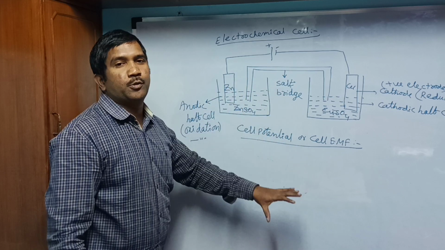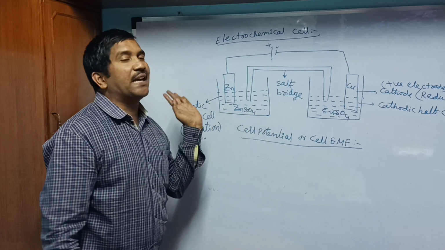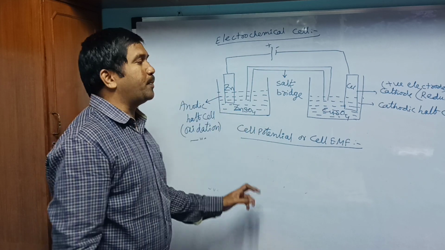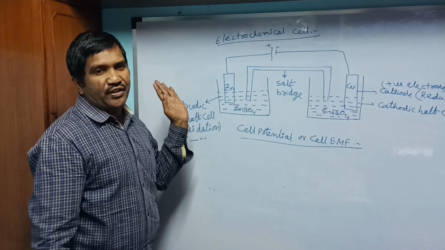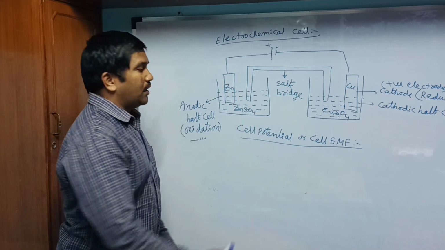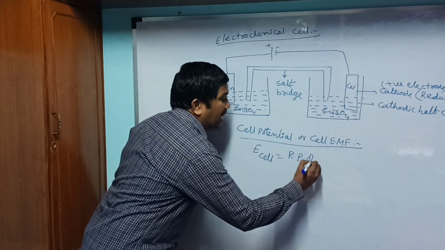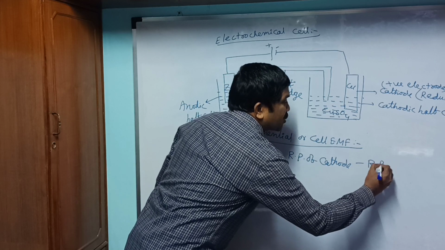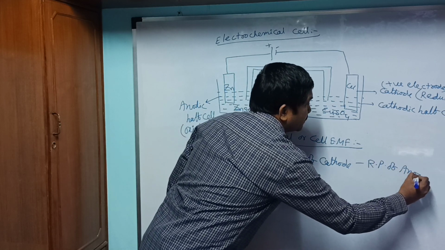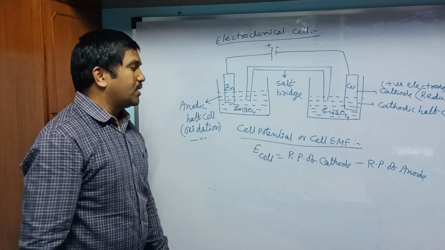The potential difference between the cathodic half cell and the anodic half cell is called cell potential. That means E cell is equal to the reduction potential of cathode minus the reduction potential of anode.